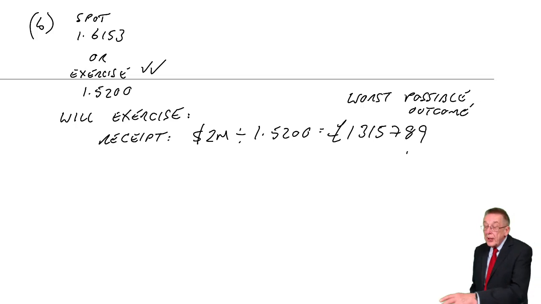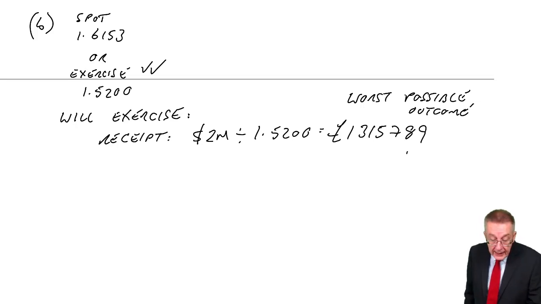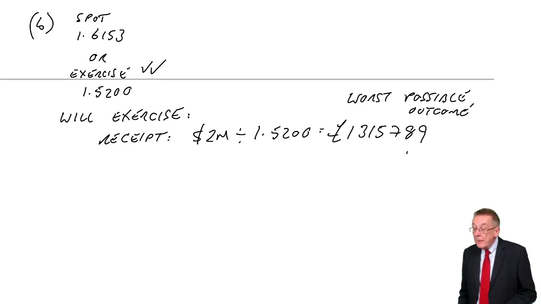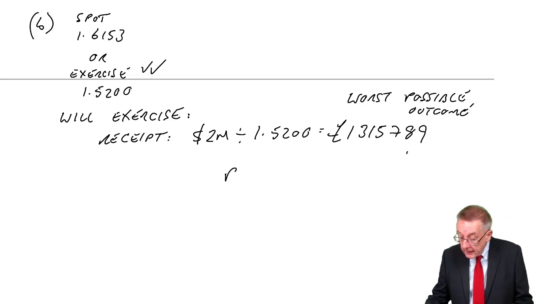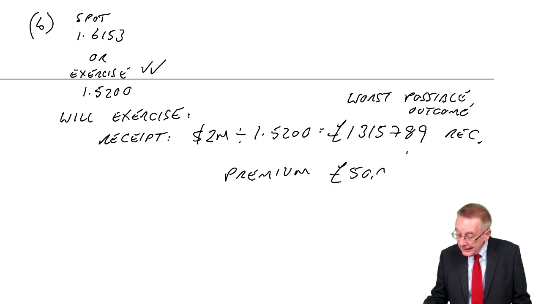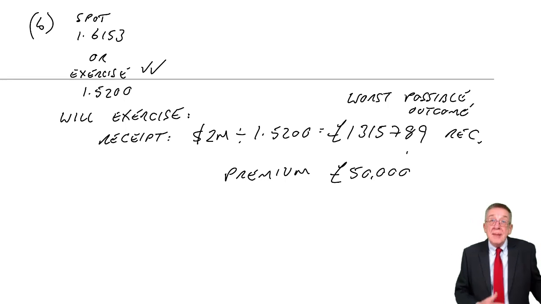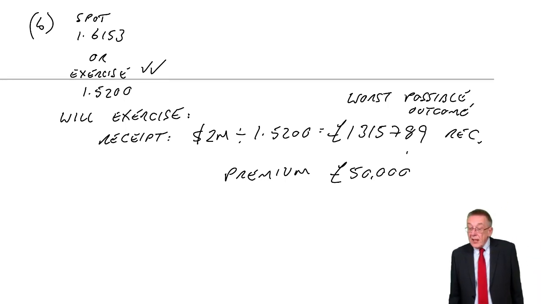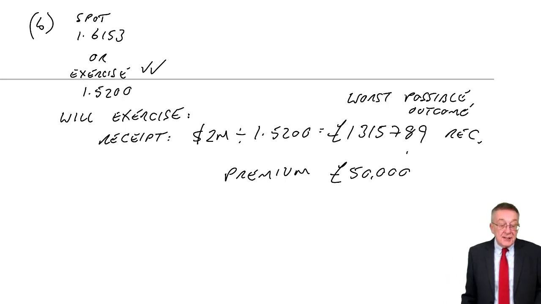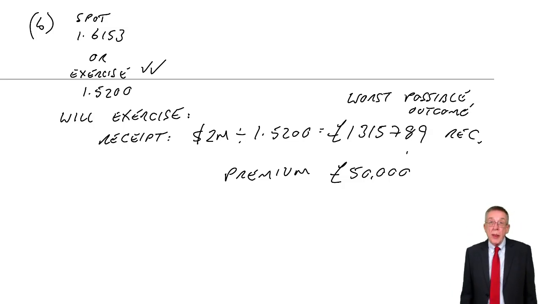However, don't forget that although that's what will happen on the 30th of June, there would have been the premium payable. That was a receipt. There's a premium payable of 50,000, and that would have been paid immediately. So, of course, if the exchange rate goes against us, as it did here, we're very glad we paid the premium.